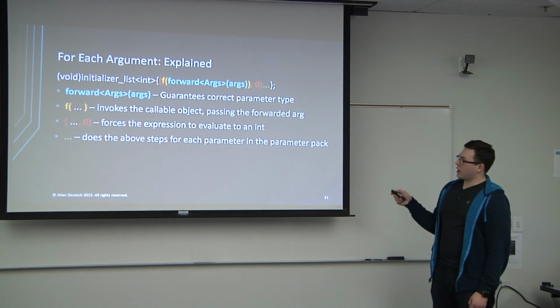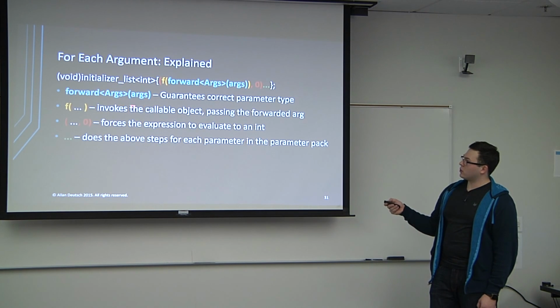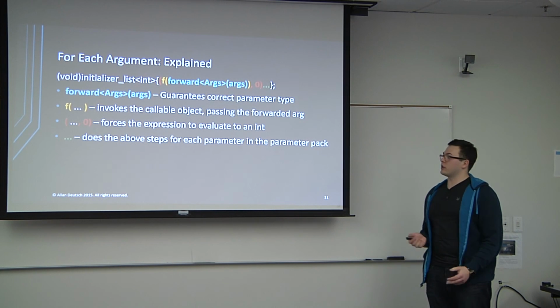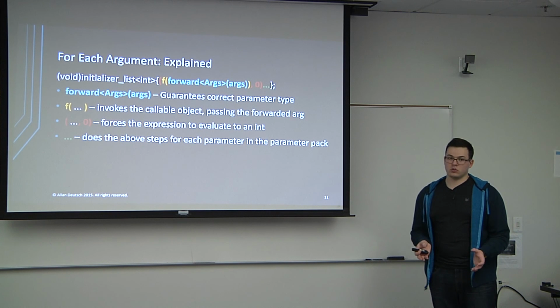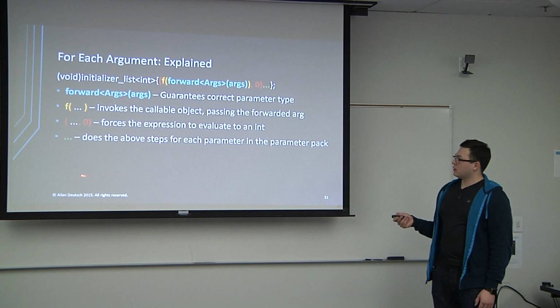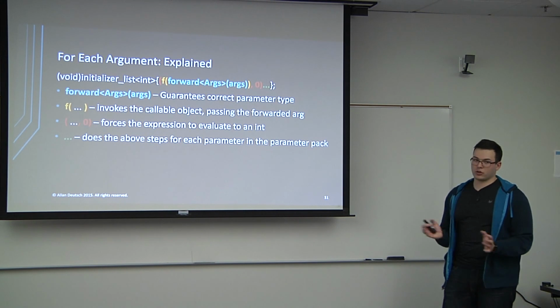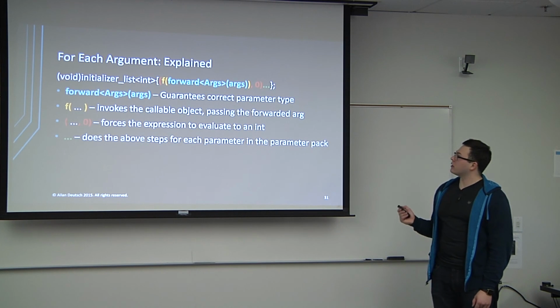So here inside the actual initializer list, we have forward args. What this does is it uses move semantics, if they're available for a given type, to pass whatever the argument is to your Lambda or other predicate. And then, of course, f is your predicate, invoking whatever your callable object was on the forwarded arguments. And then the comma 0 at the end is kind of unusual.